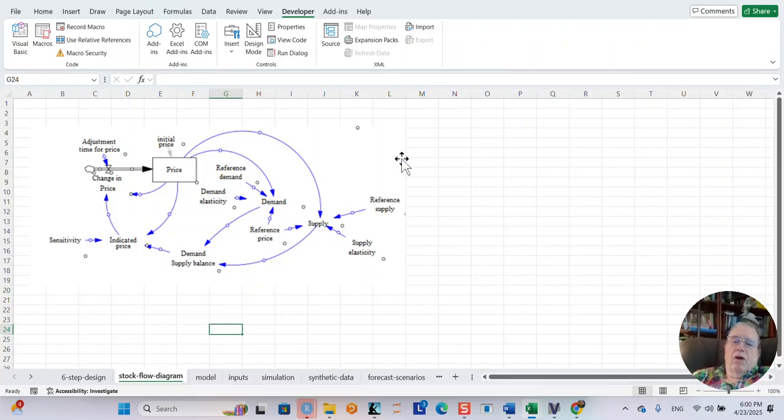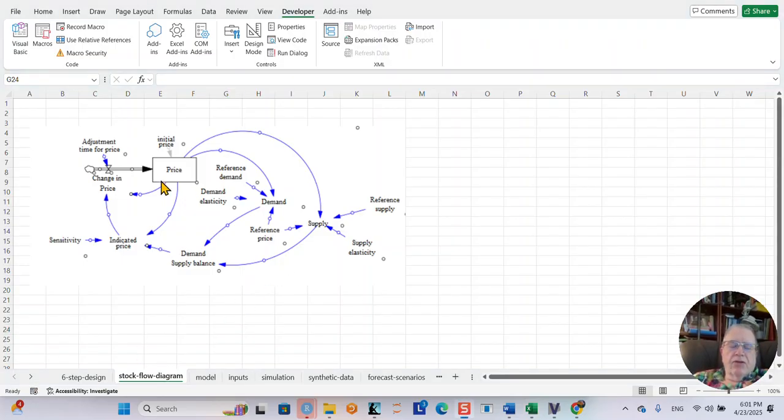We would probably want to have some sort of procurement activity, supply chain, perhaps an inventory on the side to feed the supply. That would be, like I said, a first approximation, and that would give us a reference supply. There's an elasticity of supply relative to price. That's what that arrow coming in there from price is. Just as there's an elasticity of demand with respect to price, that's this arrow right here.